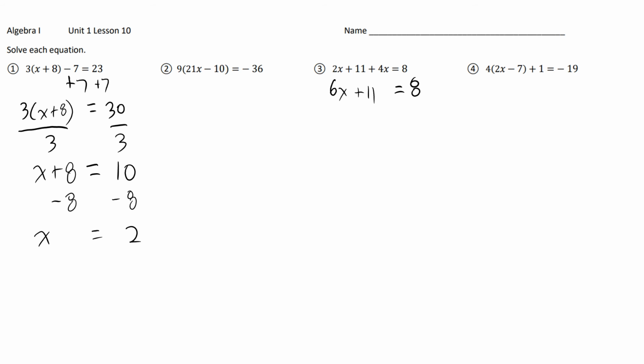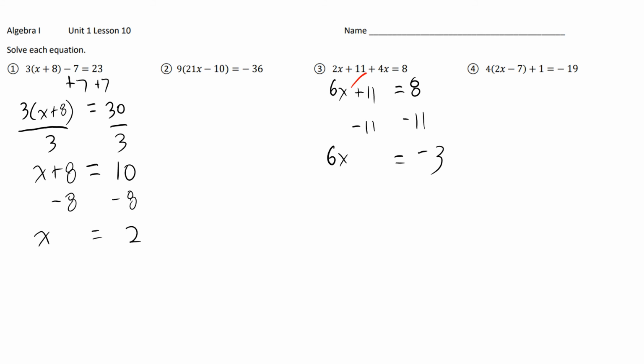Now, is there any adding or subtracting to undo? Well, sure. Opposite of adding 11 will be subtracting 11. I can bring down my 6x, bring down my equal sign. 8 subtract 11 is negative 3.